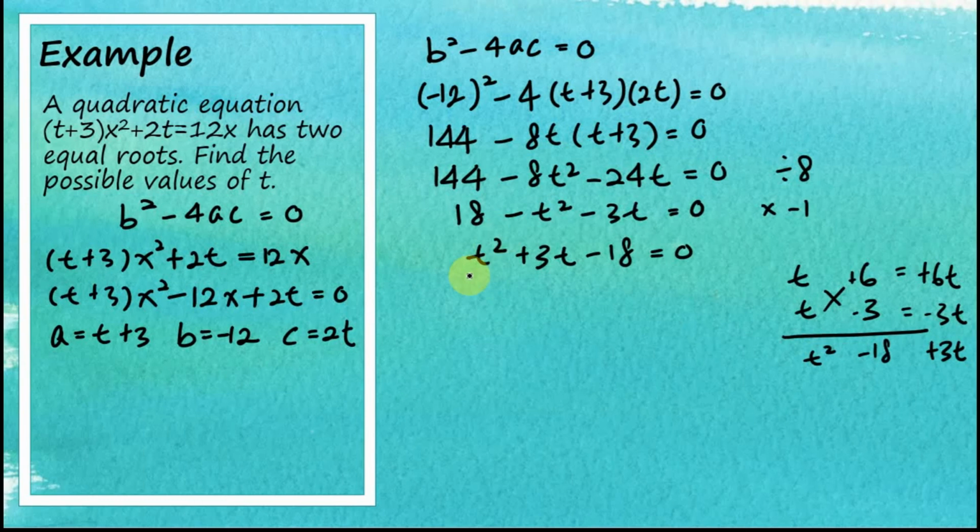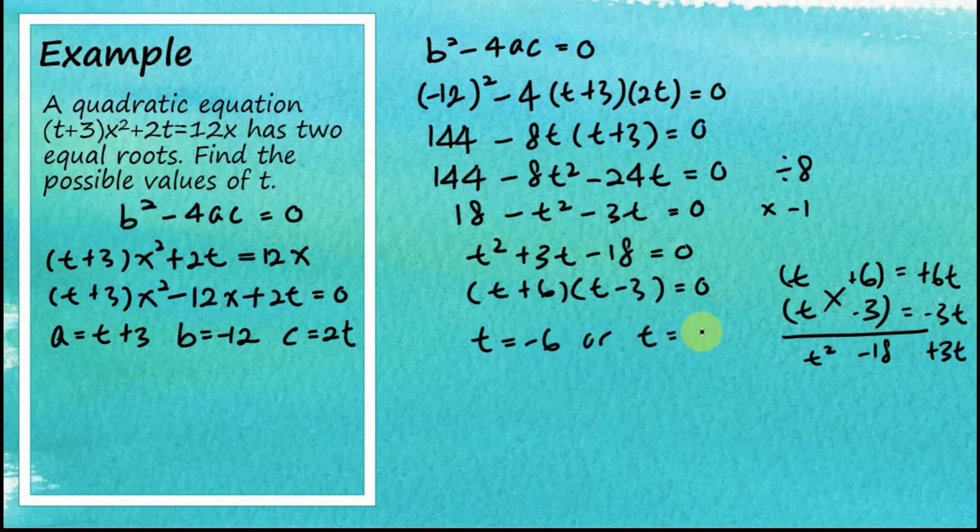We have t squared, and then we have -18, and we have positive 3t, and therefore these are the factors.